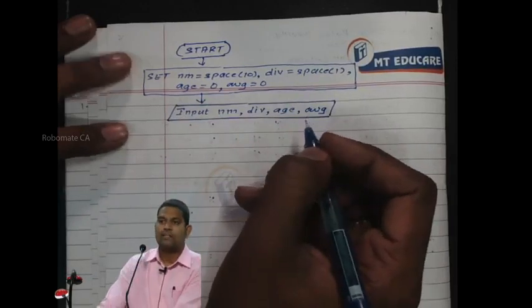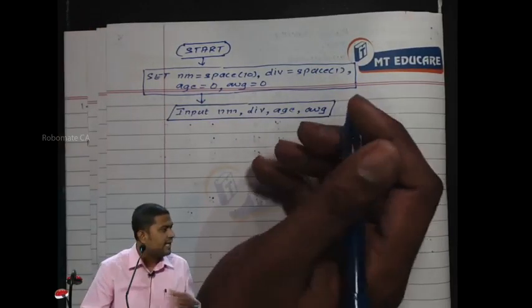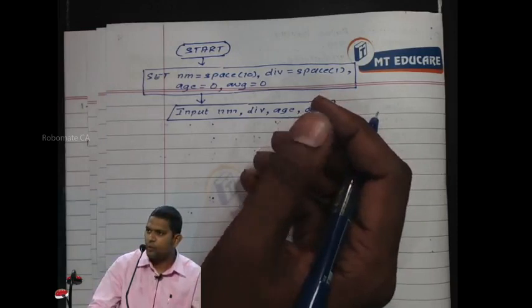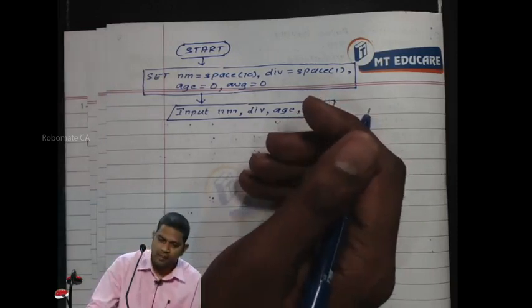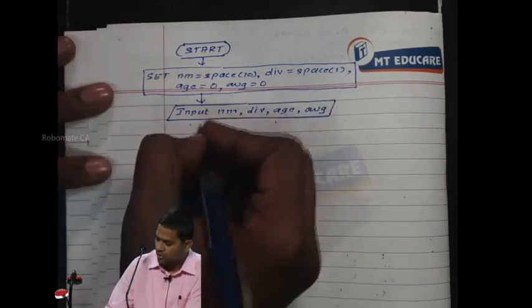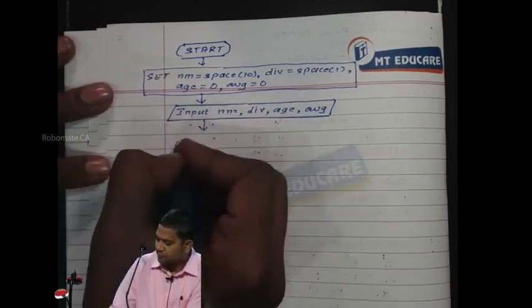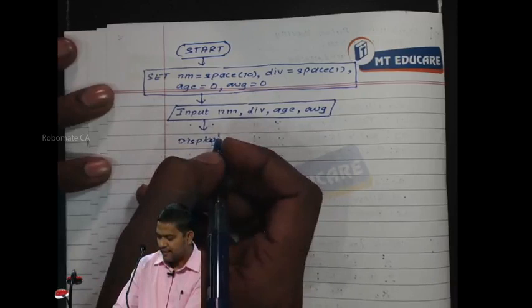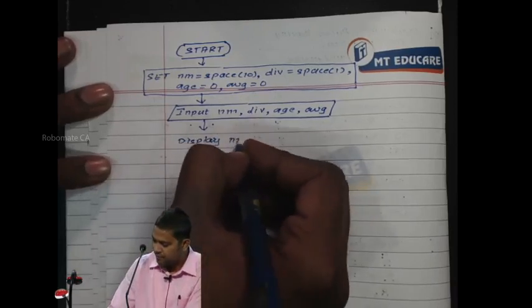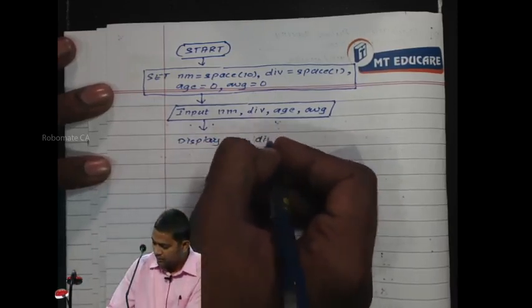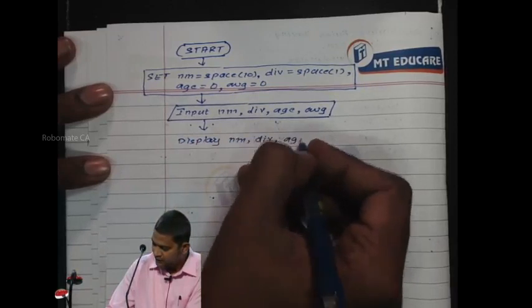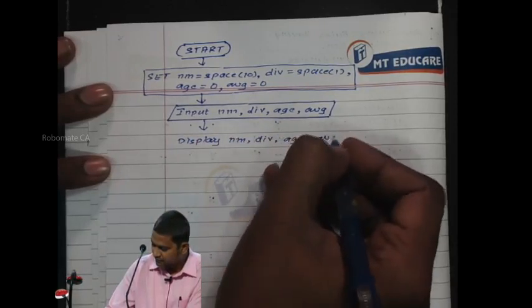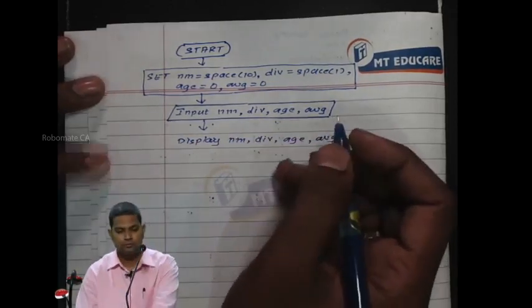Once everything has been accepted, is any other processing required? Directly we can put output. The question says display. So I am saying display. Whatever I had accepted, I am displaying it. That is name, division, age, and average.